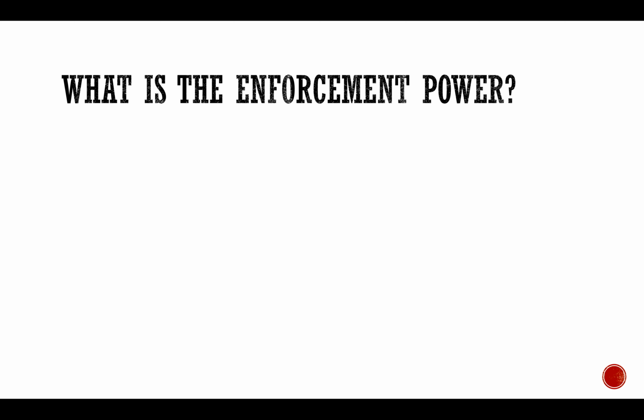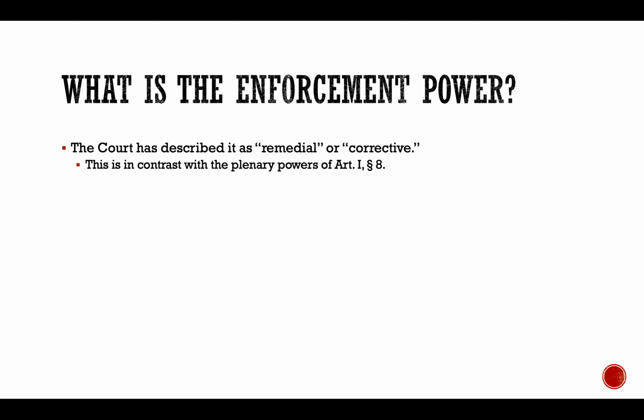So to do a little bit of review, what is the enforcement power under Section 5 of the 14th Amendment? The court has described this as a remedial or a corrective power. And this is in contrast to the plenary powers that Congress has under Article 1, Section 8.